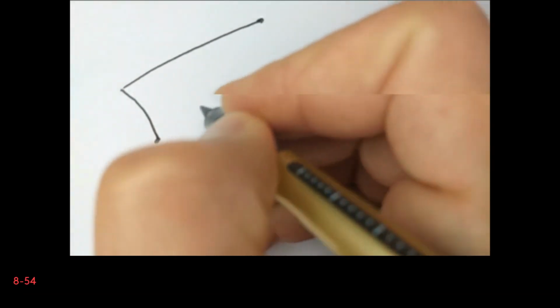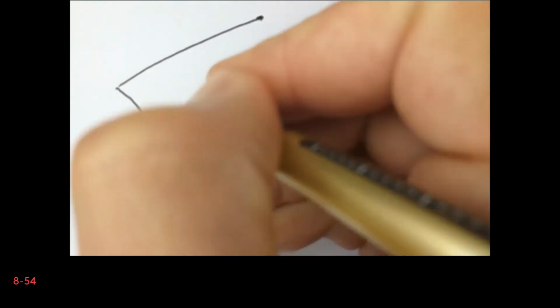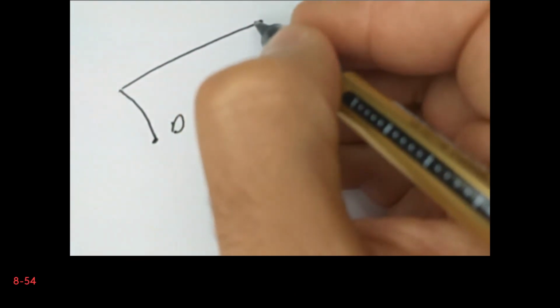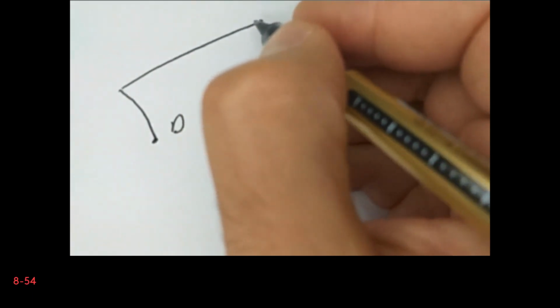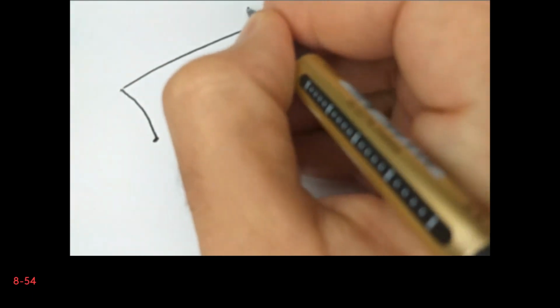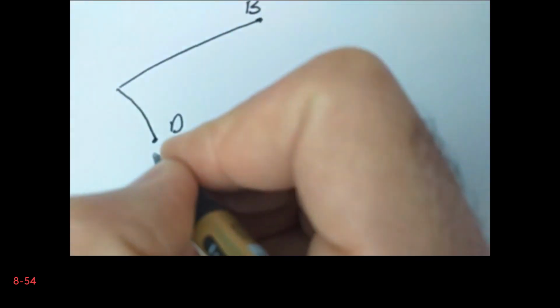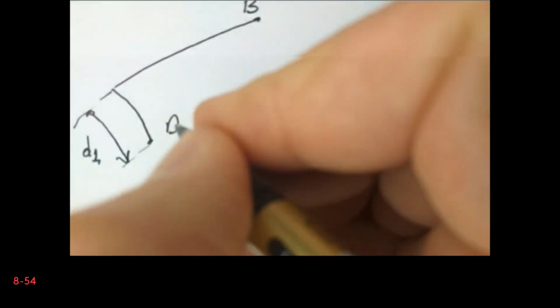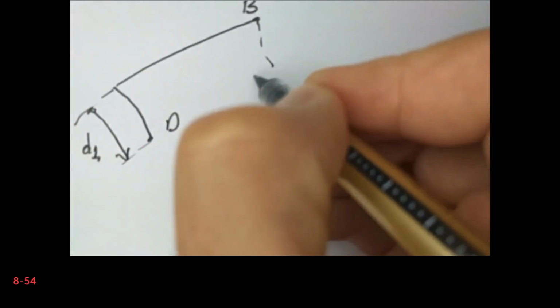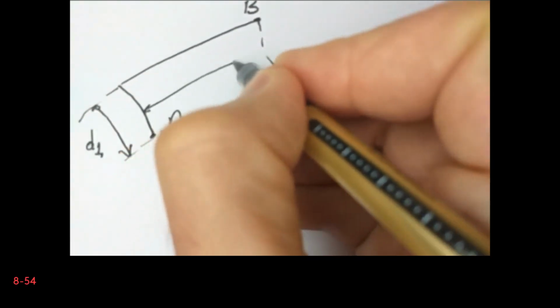This is D, and we have the cross section here. So in fact, let's say that this is where our point B is. This dimension is given a priori. Let's say that this is D1, and then we have the second one. This is D2.